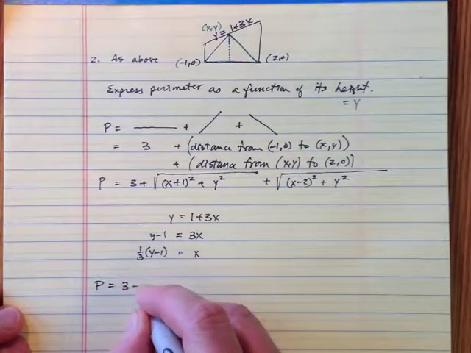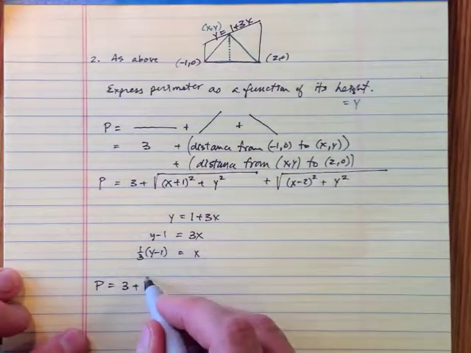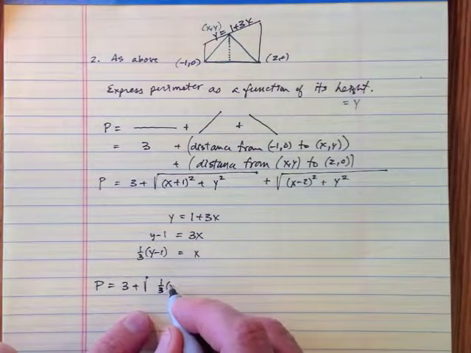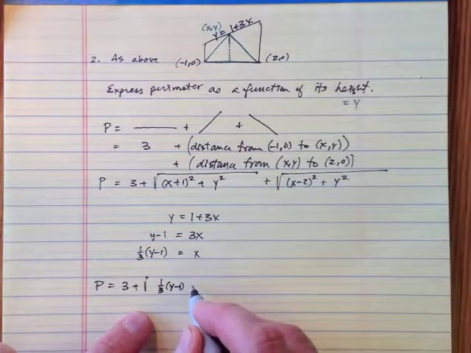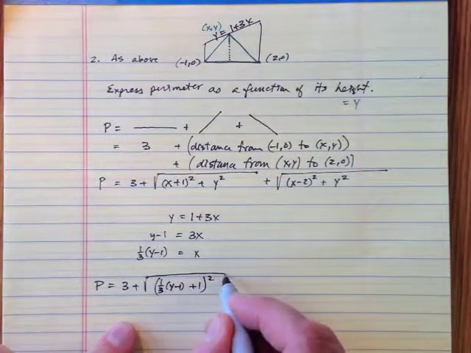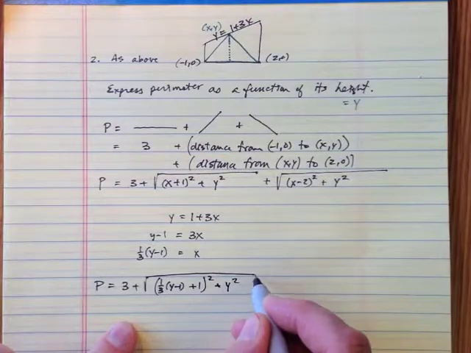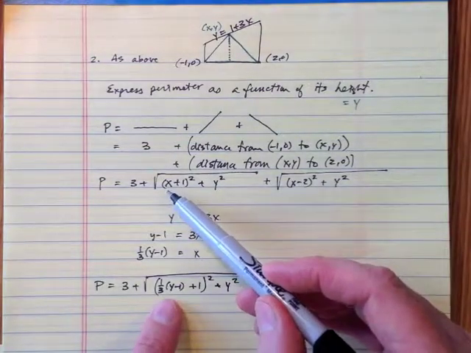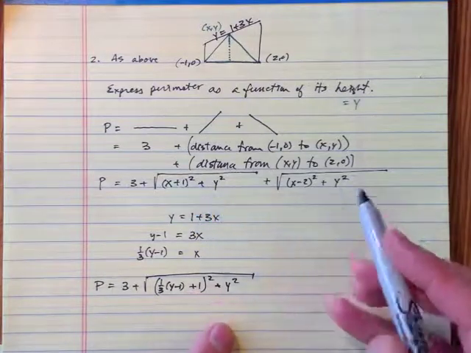So the perimeter is 3 plus the square root of, in place of x, 1/3 y minus 1/3, plus 1 squared, plus y squared. Double check I've got that right: there's x plus 1 squared plus y squared.